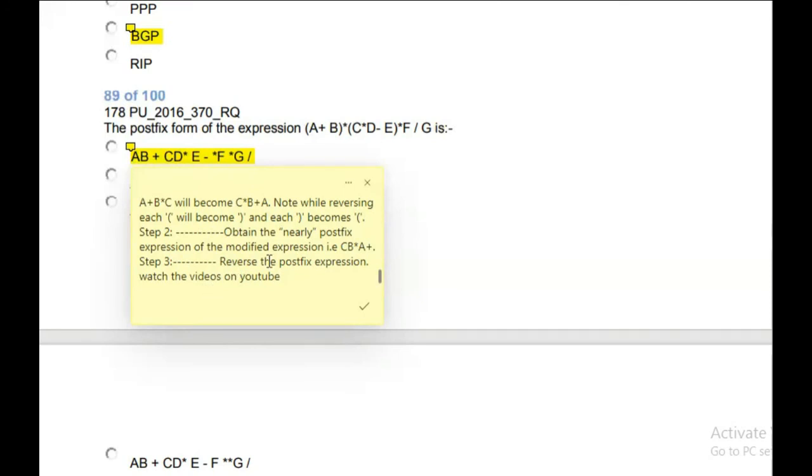So reverse the postfix expression. Only simple methods: first, we get the infix expression, reverse the infix expression, find the postfix expression for the reversed infix expression, and reverse that postfix expression. So we will get the prefix of the infix.